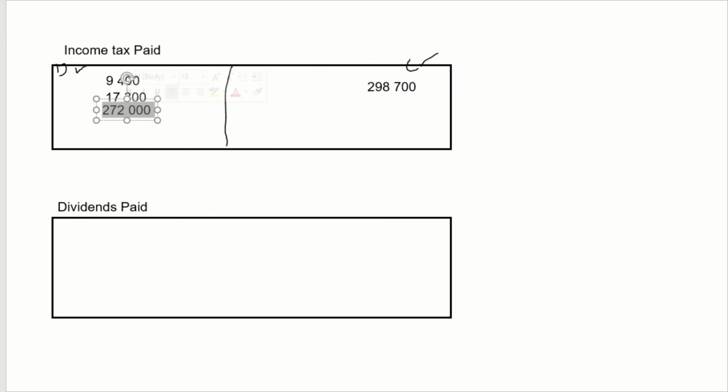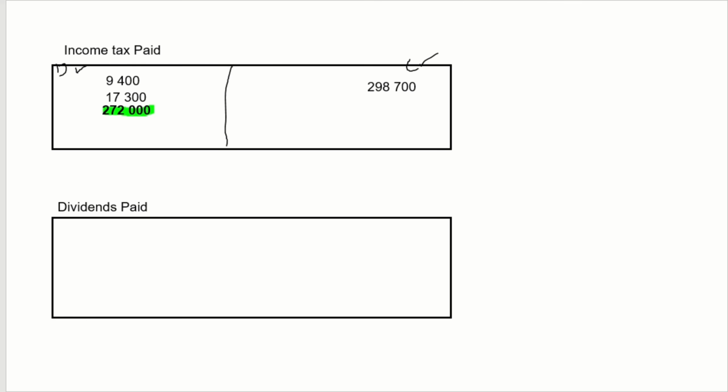This is the amount that you're going to take to input on your income tax paid note in the cash flow statement. This is your final answer. Let me highlight this for everyone to see. So this over here will be our final answer, 272,000, and that is all there is to the income tax paid note.